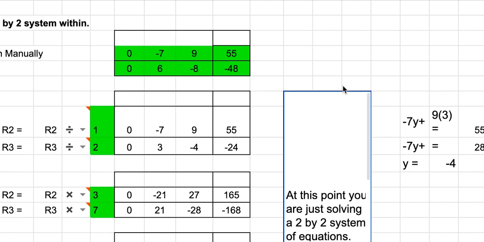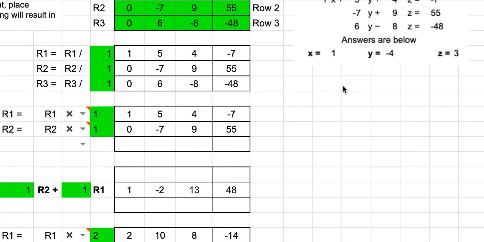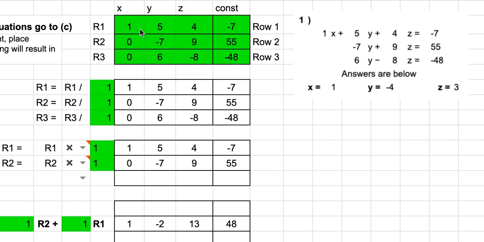Well, how do I go about getting x? Now I have to go back way back up, and look at this. There's the first formula right there for x: 1x plus 5y plus 4z equals negative 7. So I like to do this: I'll write 1x equals, and right away I subtract that 5y and that 4z.